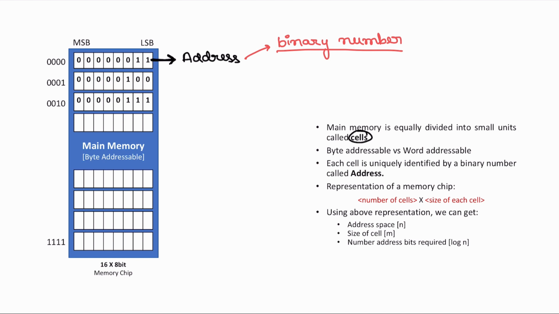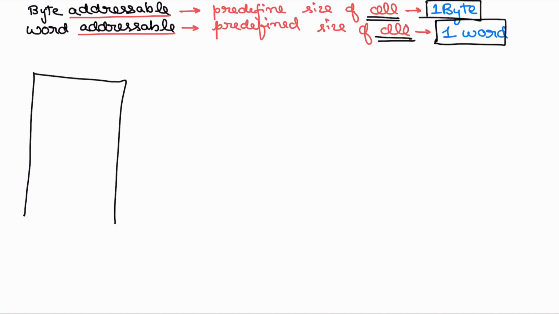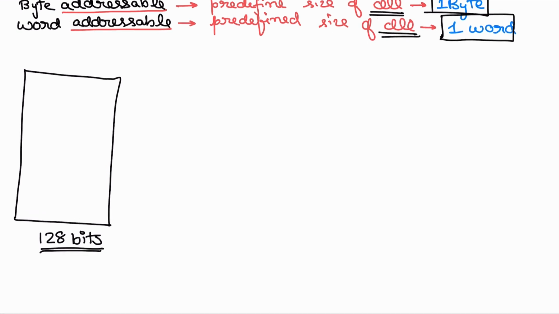Let me give you an example of a main memory. Let's take a main memory which can store 128 bits of information. The capacity of this main memory is 128 bits, and let's suppose this memory is byte addressable.